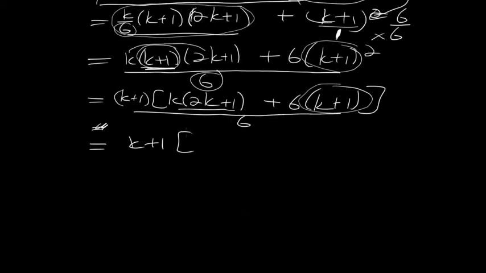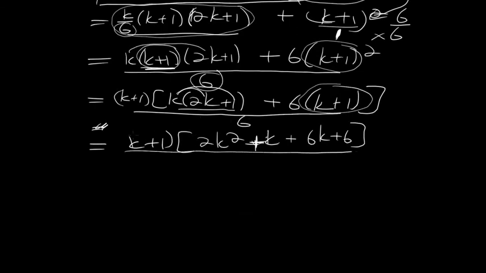Now what will that be? You have 2k squared plus k, sorry. So it's k times the 2k is 2k squared, and the 1 times the k is just k. Then plus 6k plus 6, over 6 there.